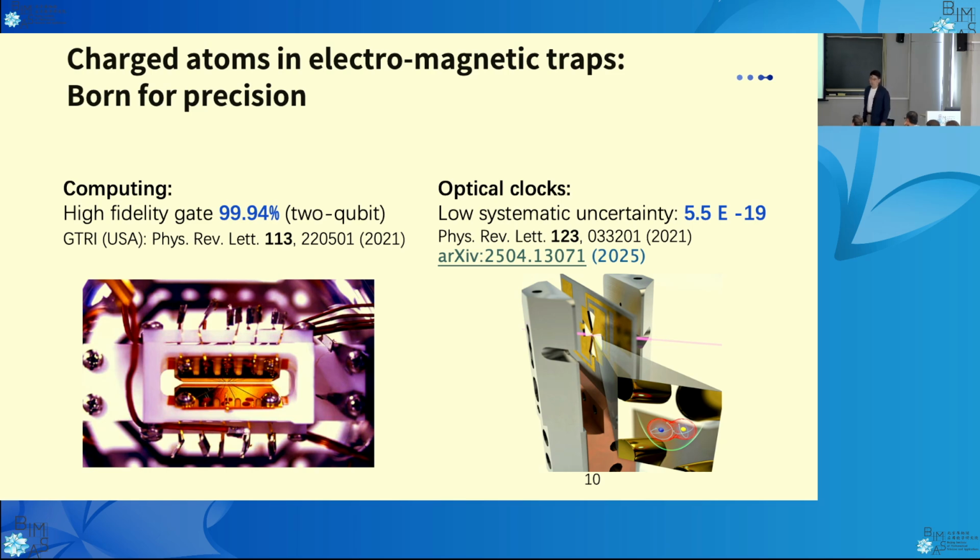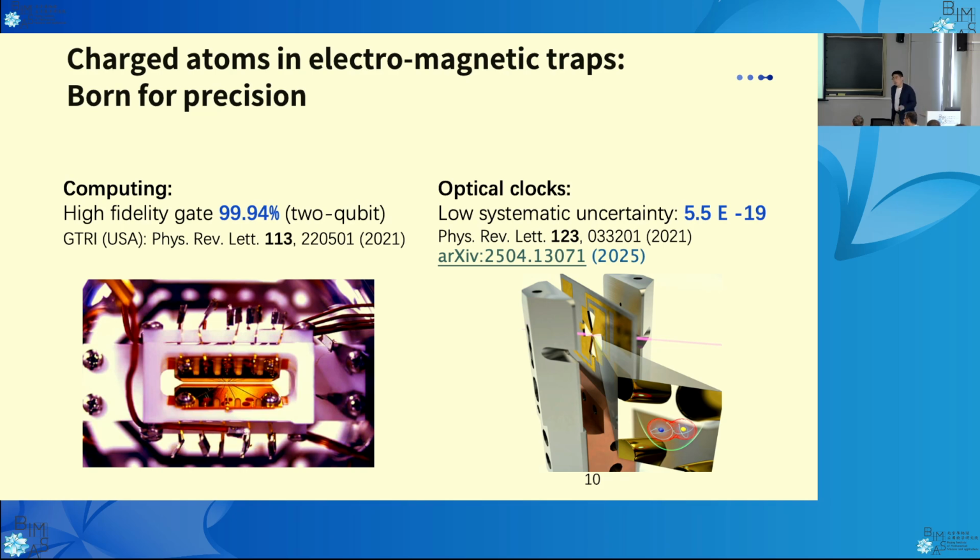So what is a clock, one might ask? Huygens first created the pendulum clock, which is basically a swing that you can count the number of times it swings in a certain amount of time. Essentially, how one can realize such high fidelity gates and such high precision timekeeping is all because these atoms have very precise levels that can interact with electromagnetic fields, such as laser fields or microwave fields.